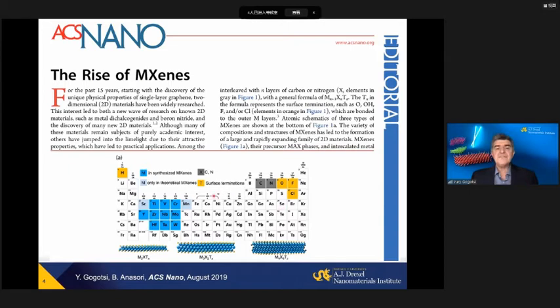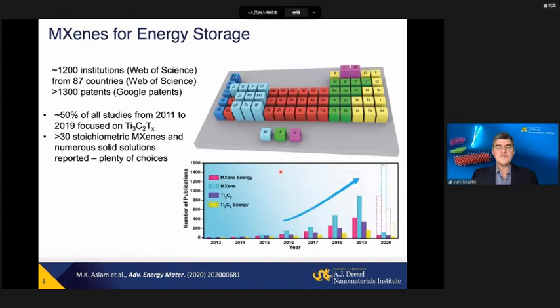There are more than 100 stoichiometric simple structures possible. Multiply by 10 different surface terminations, you get more than 1,000. Take solid solutions, you get an infinite number. And particularly, if you look at this review article published about a year ago, at least as of 2018, 2019, roughly 50% of all papers published on MXenes dealt with energy applications of MXenes.